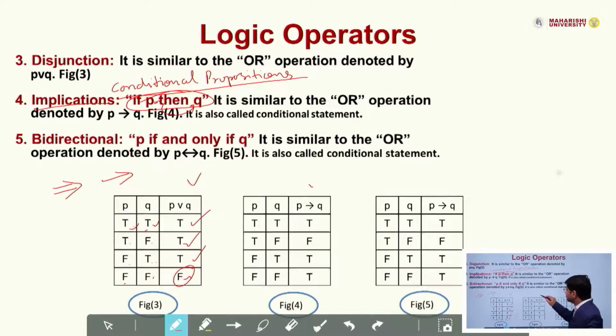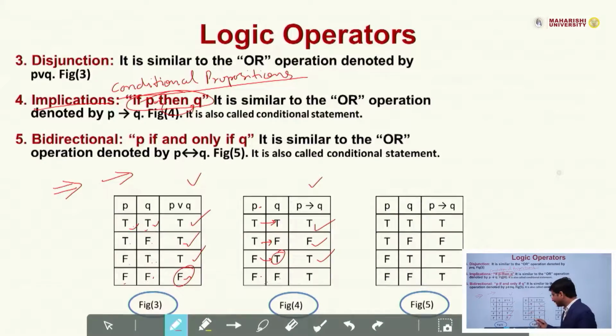So the truth table of implication is given as follows. If P and Q are two variables, then true implies true, it is true. True implies false, it is false. False implies true, it is true. And false implies false.